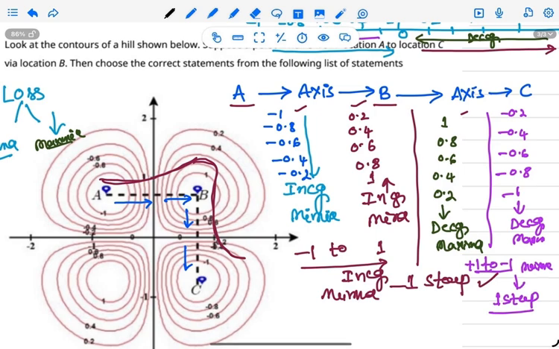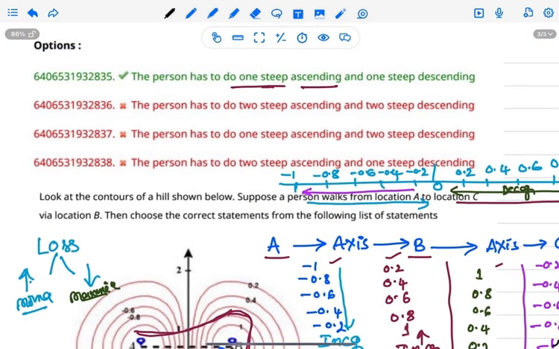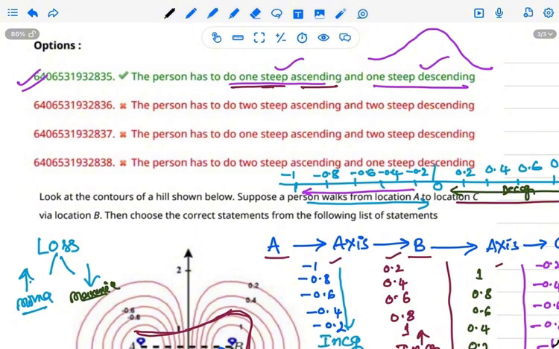So from the options, the person has to do one step ascending and one step descending. One step ascending and one step descending, like this only. This option is correct. The person has to do two steps ascending. If this one is wrong, this one is also wrong, as one step ascending.